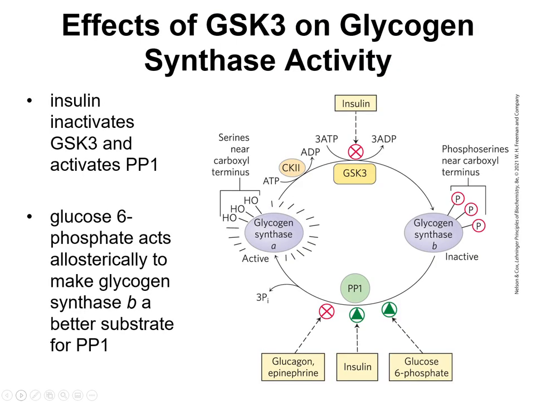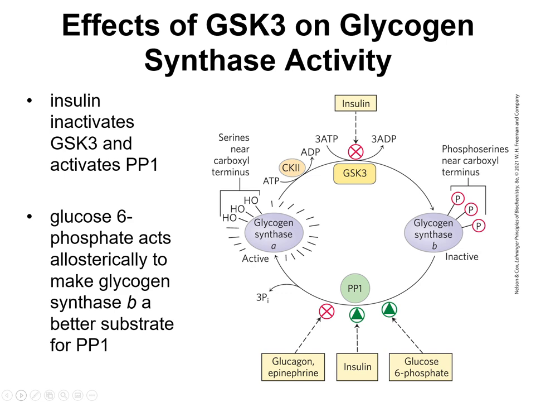So let's talk about how this is regulated. Insulin inactivates the kinase, GSK3, that glycogen synthase kinase 3, and it activates PP1. We already know that, the second part about activating PP1.